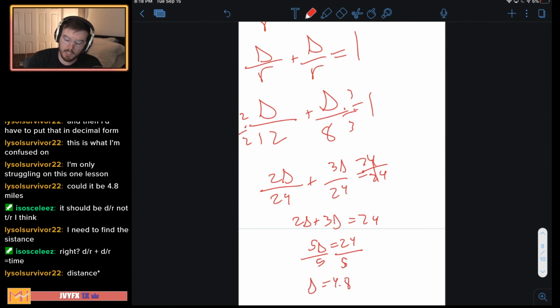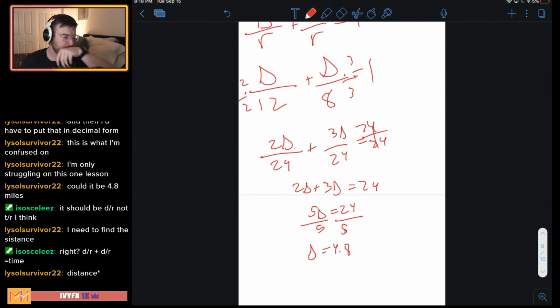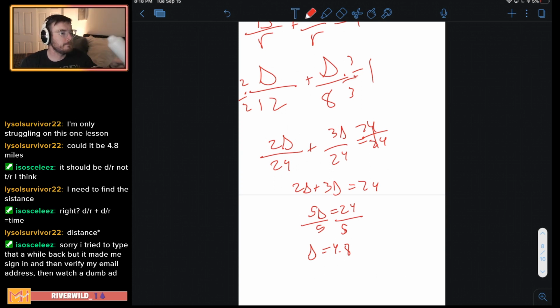D equals 4.8. Yep. Does that make sense, Lysol?